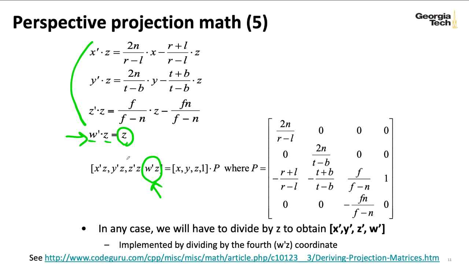So we're taking that third coordinate, that z, and sticking it in that fourth coordinate. And that's what this 1 here does. It takes that z and puts it in this fourth w coordinate. So now when I divide everything by this w prime z, I'm dividing everything by z. Doop, doop, doop, doop. And then I'm left with my x prime, my y prime, and my z prime. And then I'll be left with a 1 in that w coordinate.